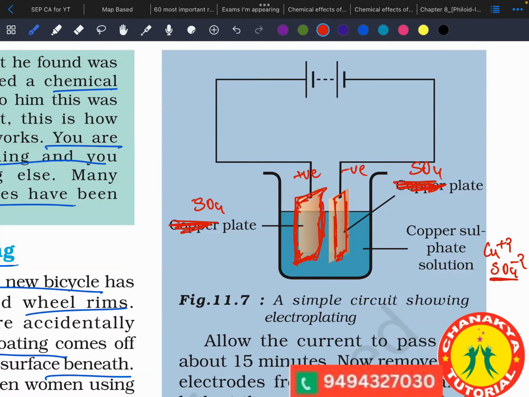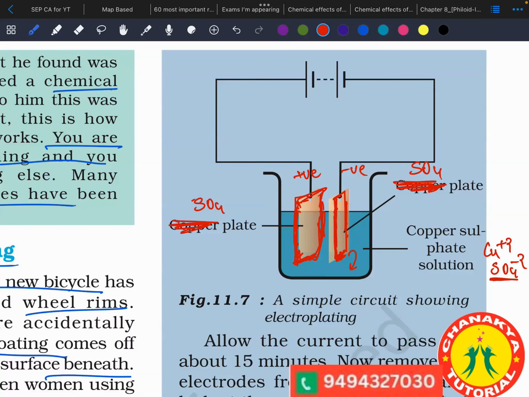There would come a time at which this sulfate will get exhausted, so all of the sulfate will come from this plate and get dissolved in the liquid. So basically now you can understand the final crux of electroplating: if you want to deposit a material on a plate, you need to have the same kind of plate on the other terminal.